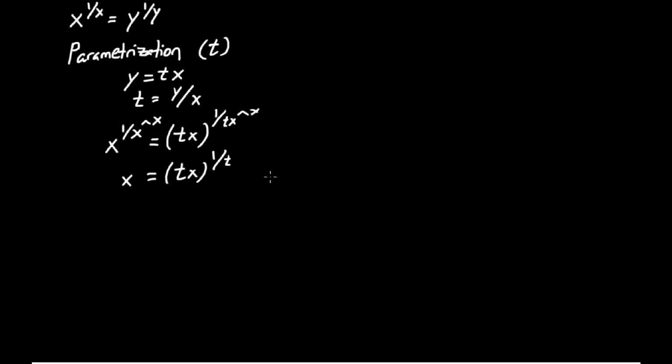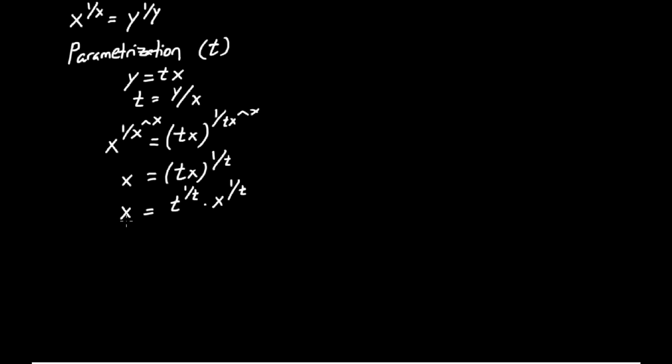And now let me distribute that exponent to both factors there. So I get x is equal to t to the 1 over t power times x to the 1 over t power.